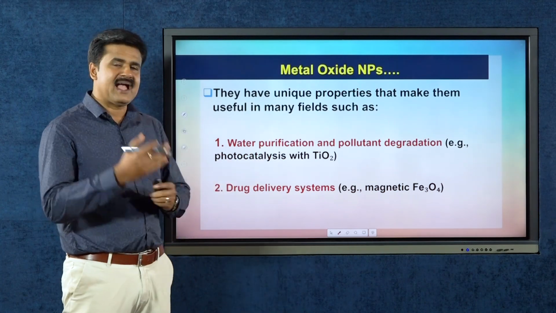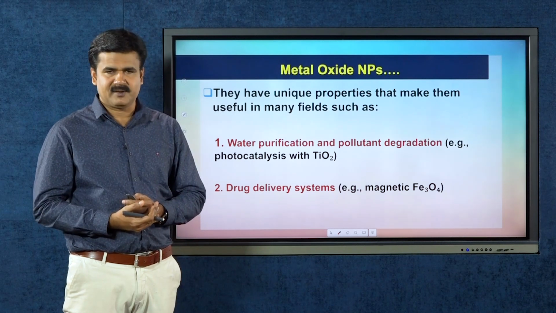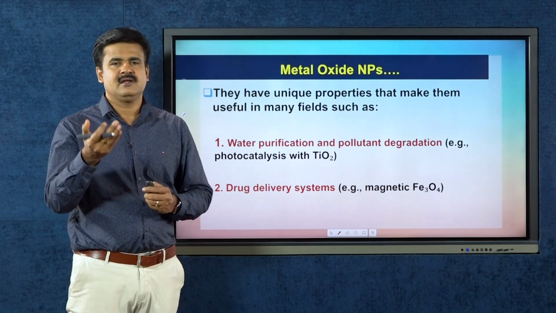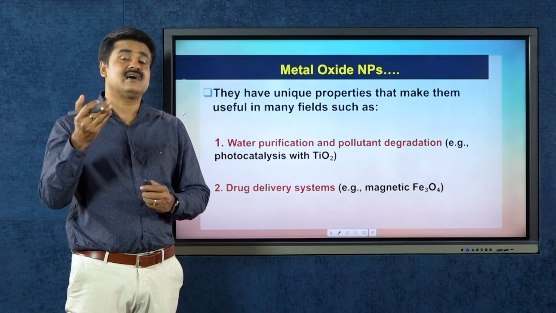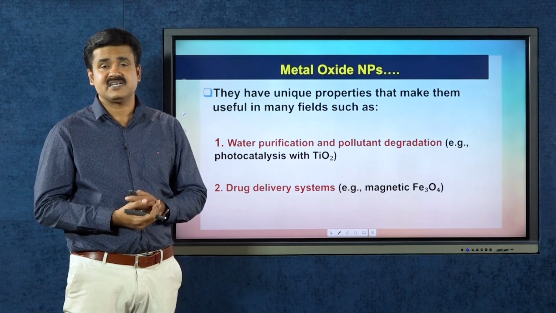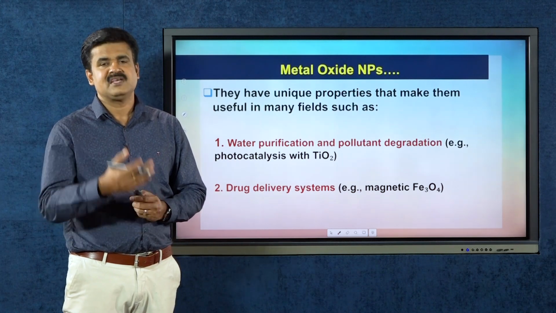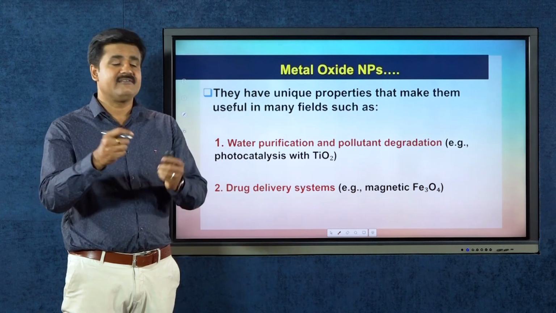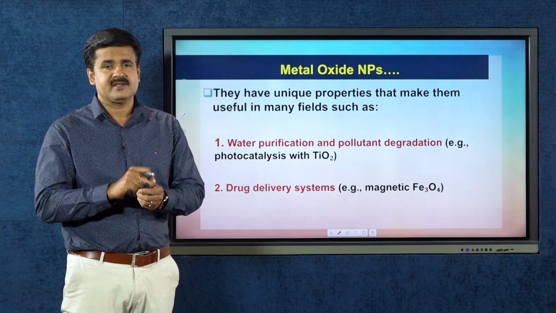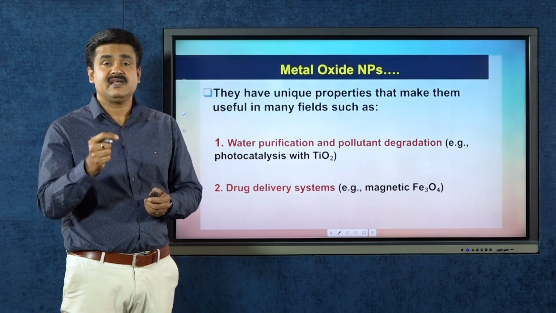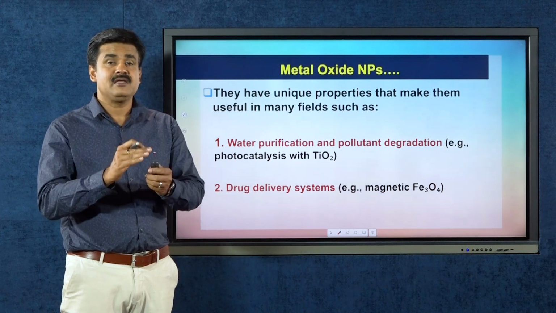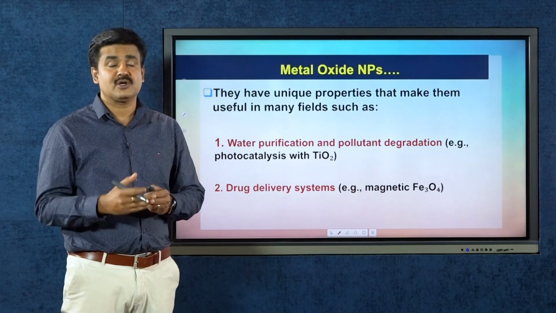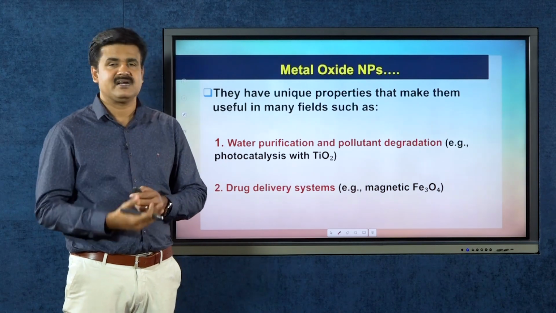Let the surface of this magnetite or Fe3O4 nanoparticle be modified, and some drugs loaded onto its surface. This magnetite nanoparticle exhibits prominent magnetism. Whenever it is injected into the body, that magnetic nanoparticle along with the drug can be moved through our veins. This movement can be controlled by the application of an external magnetic field.